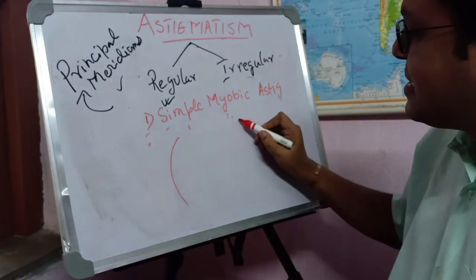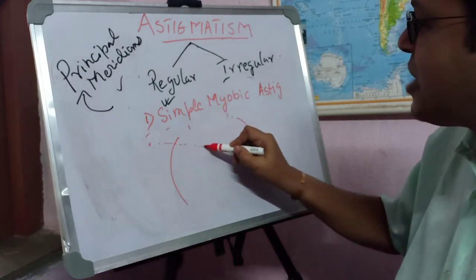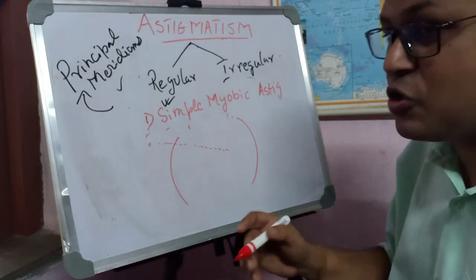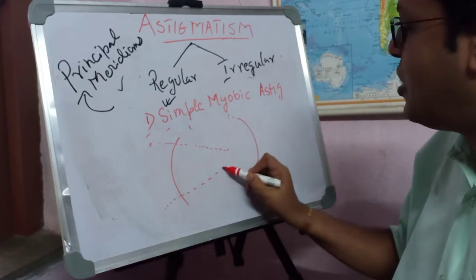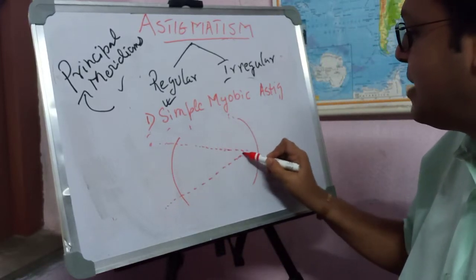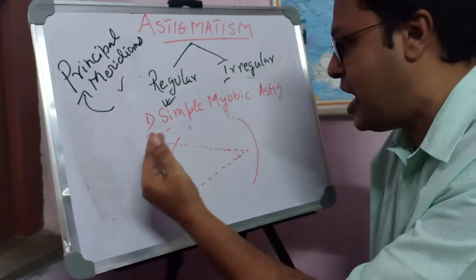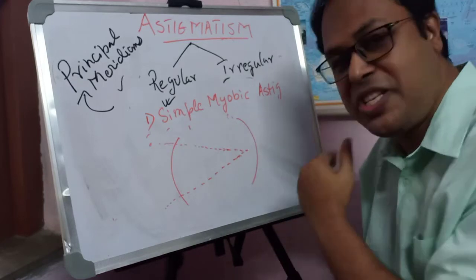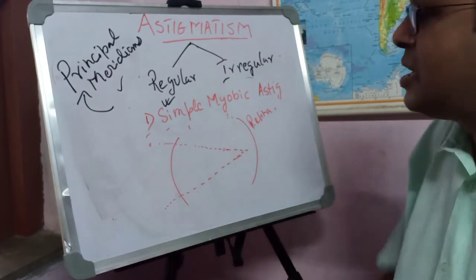In myopia, we know that when the rays of light are traveling and the cornea has just too much power, the rays of light fall before the retina. So this is the retina, right?